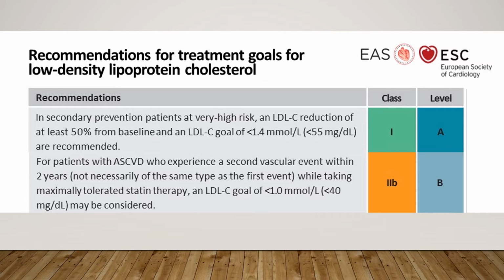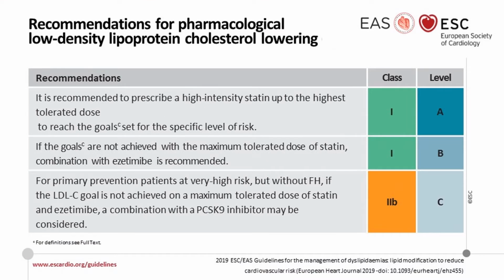Okay, so in patients with established cardiovascular disease, you decrease the LDL cholesterol to less than 55 milligram per deciliter. But if the patient on this target develops another attack of cardiovascular disease, you have to decrease his LDL cholesterol to less than 40 milligram per deciliter.